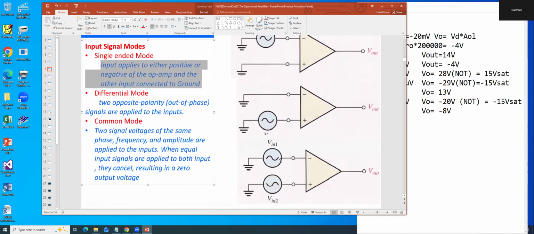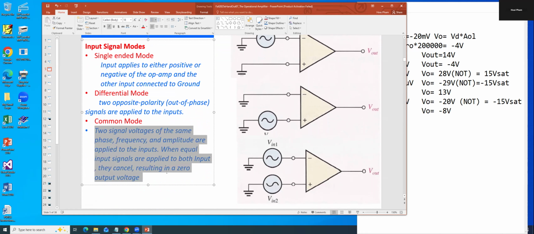Okay, and now the common mode signal. Apply one to the negative input, the other one to the positive input. The only thing they make sure you understand is they must be opposite. That means if this is going up, this has to be going down, 180 degrees different.